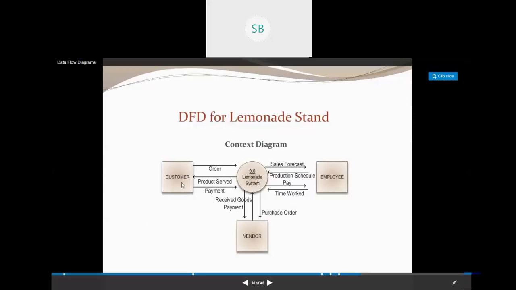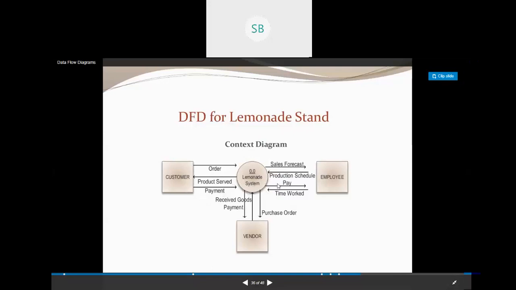Here we have the external entities: a customer, an employee, and the vendor. As I told you, we can have multiple inputs and multiple outputs. The customer gives an order and receives the product served, then provides payment.